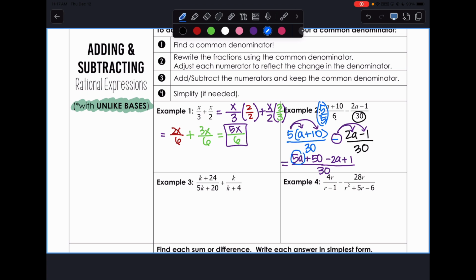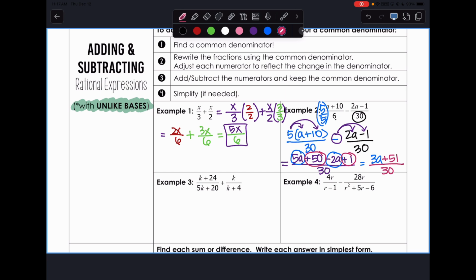So let's combine like terms. 5a with negative 2a makes 3a. 50 and 1 makes 51. So that's 3a plus 51 over 30. Do we have anything else that we can simplify? Can I just knock 3 over 30?